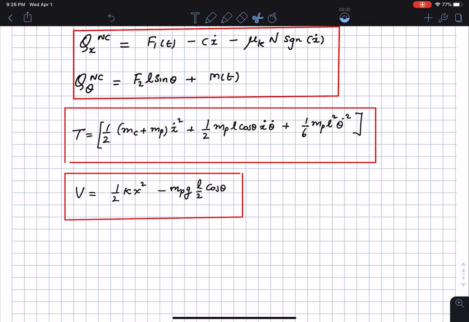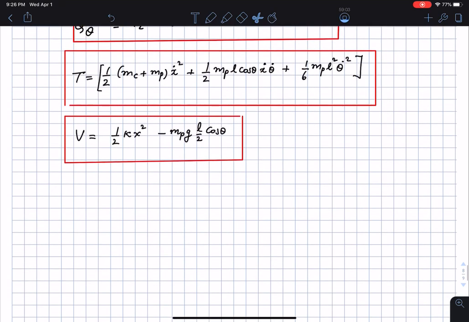So using the kinetic and potential energies, I can write the Lagrangian L. Okay, so let me first write that.